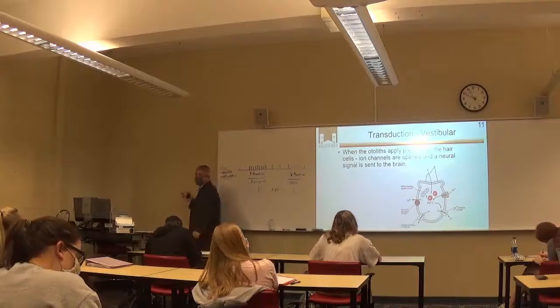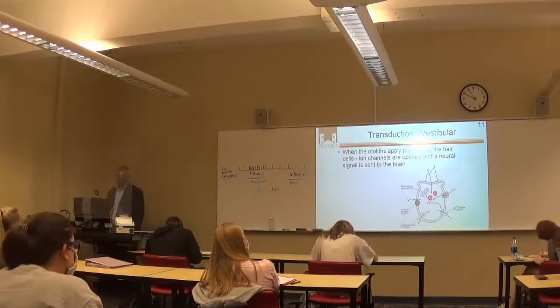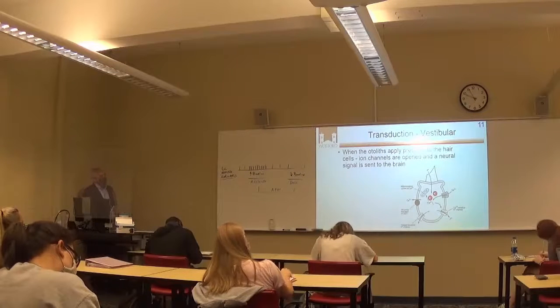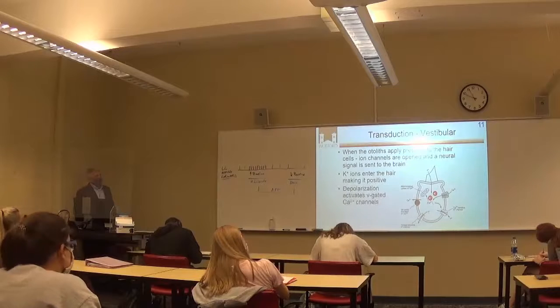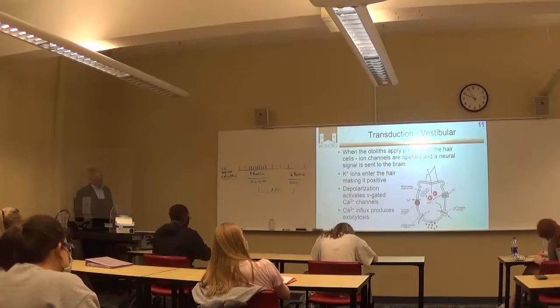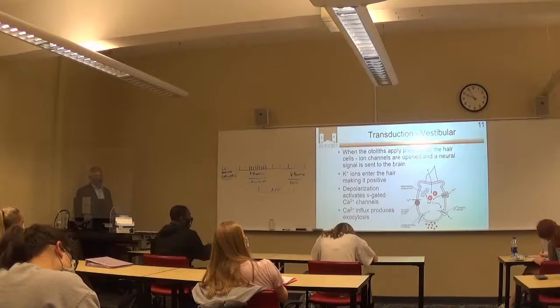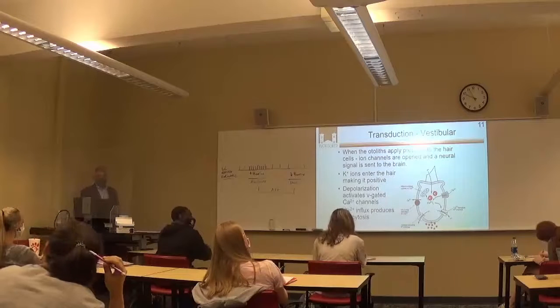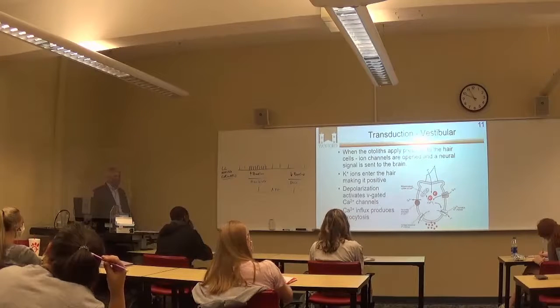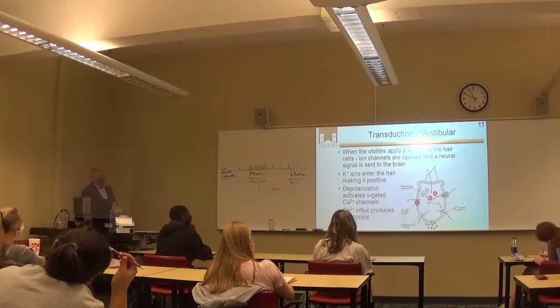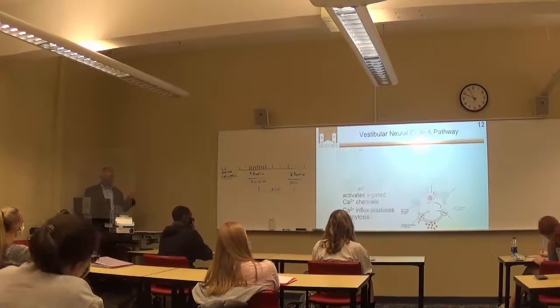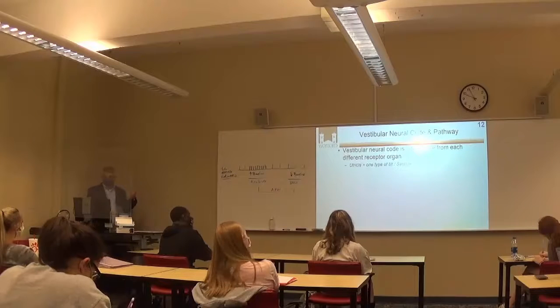But here, the EPSP is caused by potassium. Potassium comes in. When potassium comes in, it triggers a voltage-gated calcium channel. Calcium comes in, that hair cell releases a neurotransmitter. That's the signal for exocytosis. And we get signals going to the brain. Good? All right.